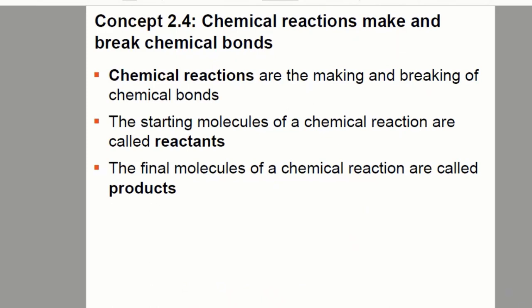As we are approaching the conclusion of this unit, there are chemical reactions that make and break chemical bonds. Chemical bonds are broken into pieces by chemical reactions, and those chemical reactions also make those chemical bonds.